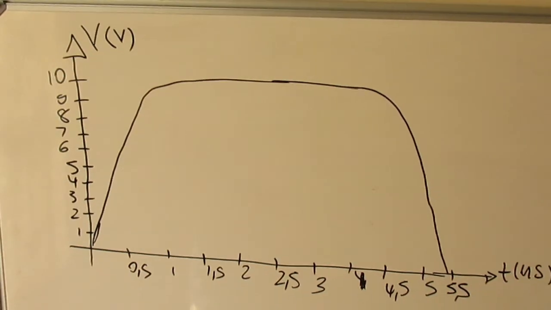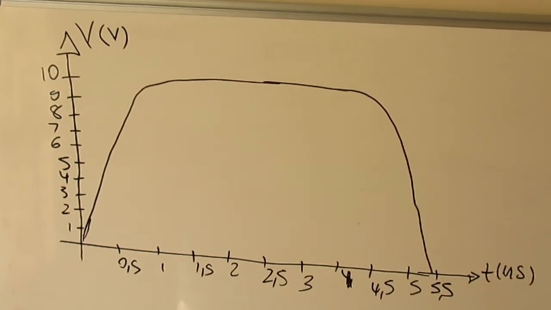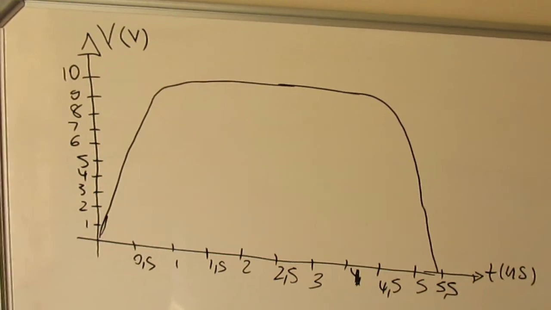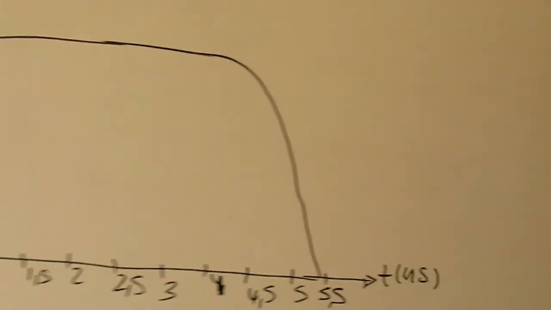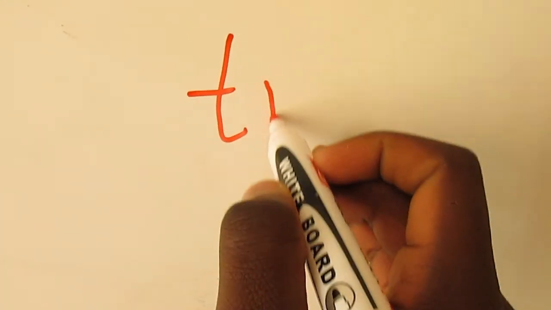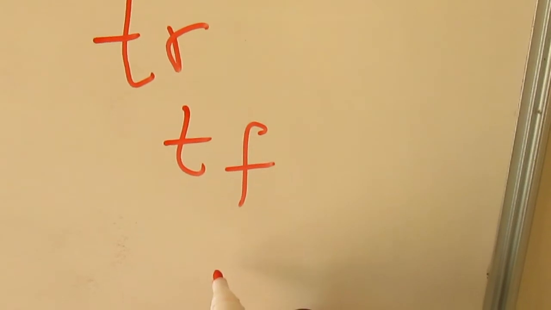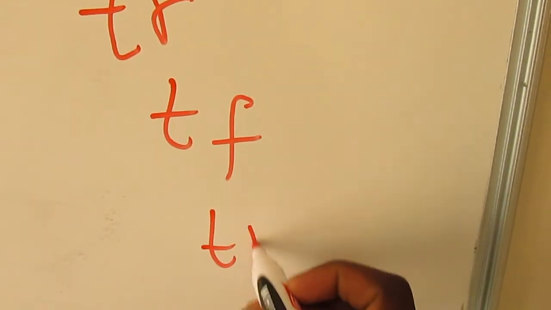On this example, we're going to see how to work with a non-ideal waveform. And when it comes to the non-ideal waveform, we'll be looking for our rise time, our fall time, and as well our pulse width.